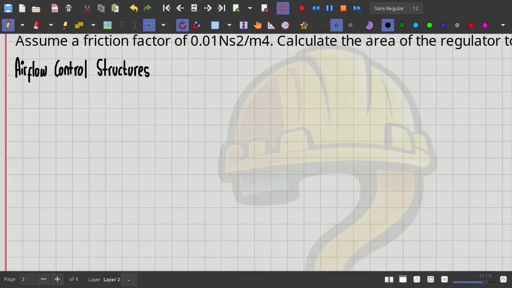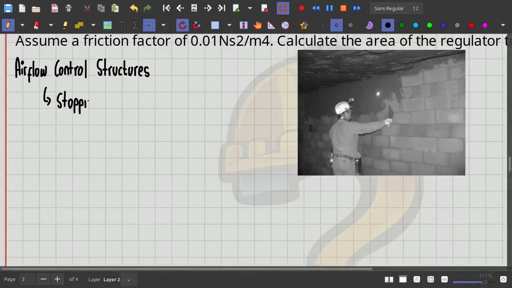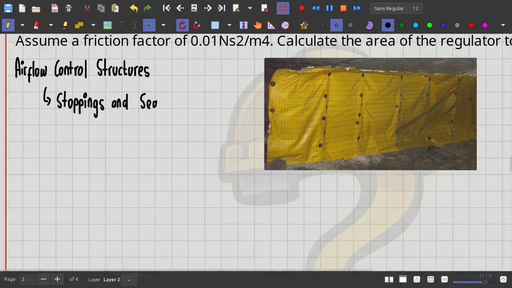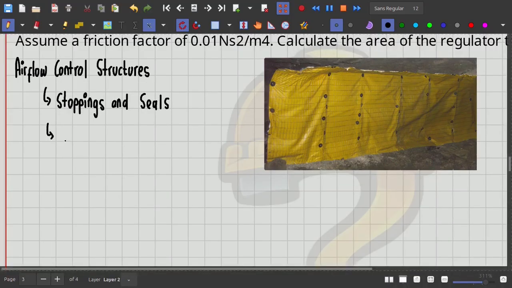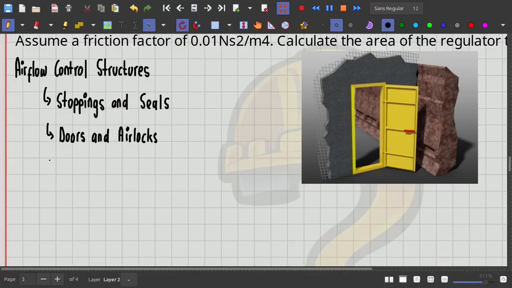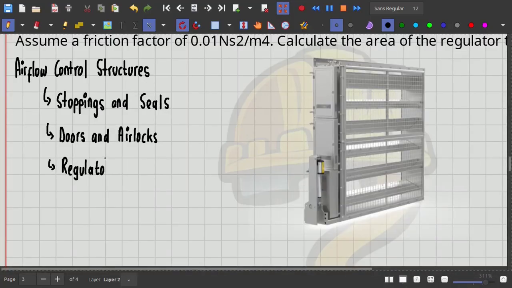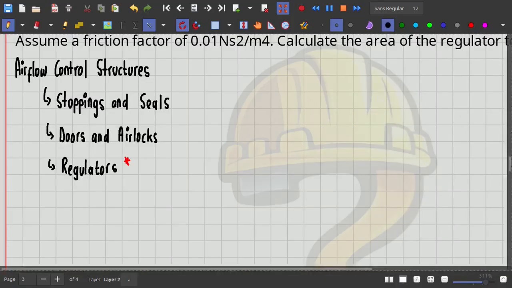Under these flow control structures we would have things like your stoppings, seals, doors and airlocks. We would have regulators, which is the focus of our video, and finally crossings.